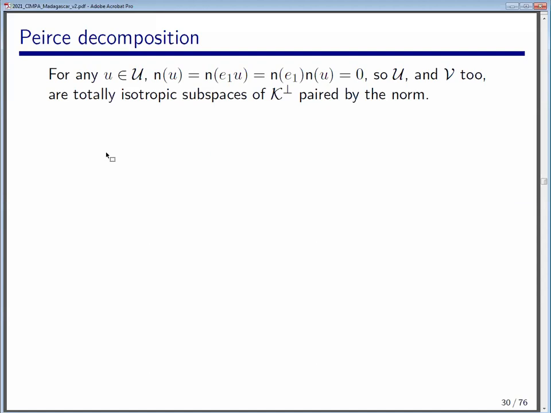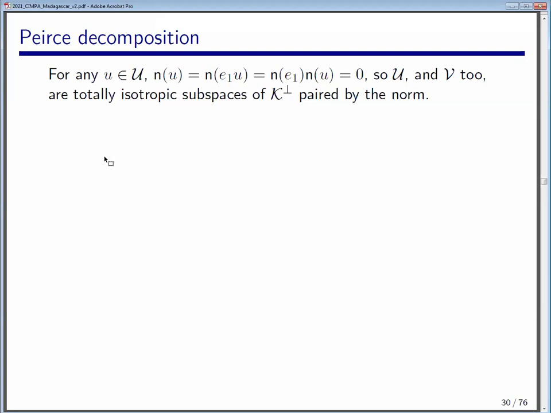The same with the elements in V. But the direct sum of U and V is the orthogonal complement to K, and there the norm is non-degenerate. So whenever we have this situation, the norm must match these two subspaces. So both U and V are totally isotropic subspaces.